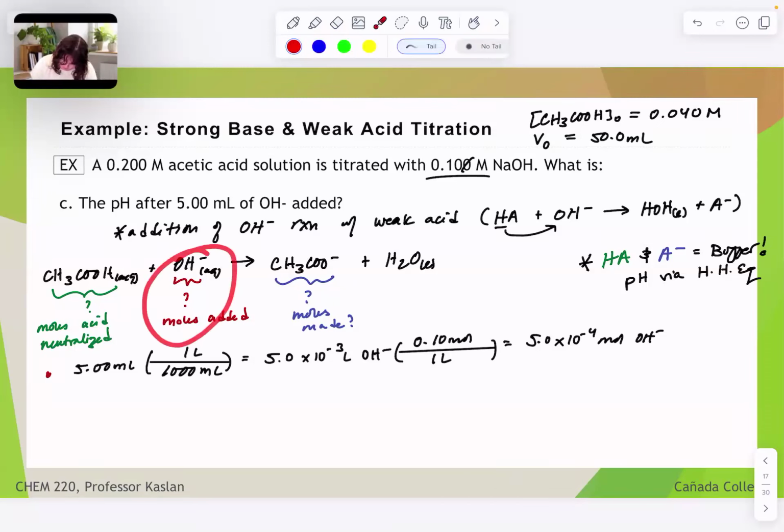All right, so we've got this. Now let's go ahead and think about what this means for the moles of acetate ion, the conjugate, that are made. So looking at this neutralization reaction, if I have this amount of moles that I've added, I could figure out how many moles of this are made, assuming that this is the limiting reactant. So maybe we should prove to ourselves that that's the limiting reactant first and start with our acetic acid.